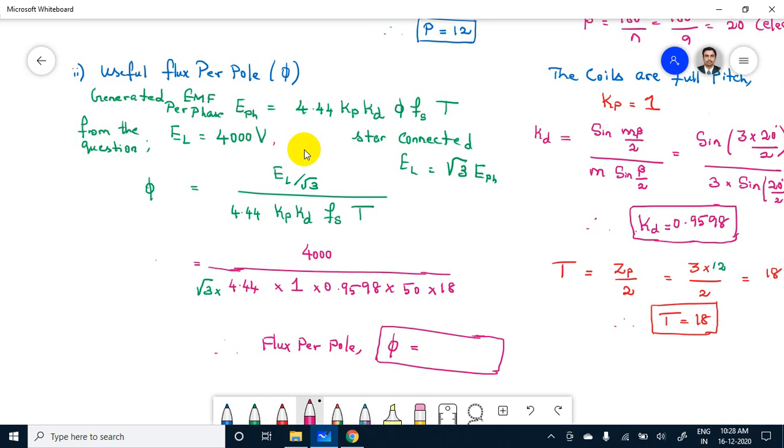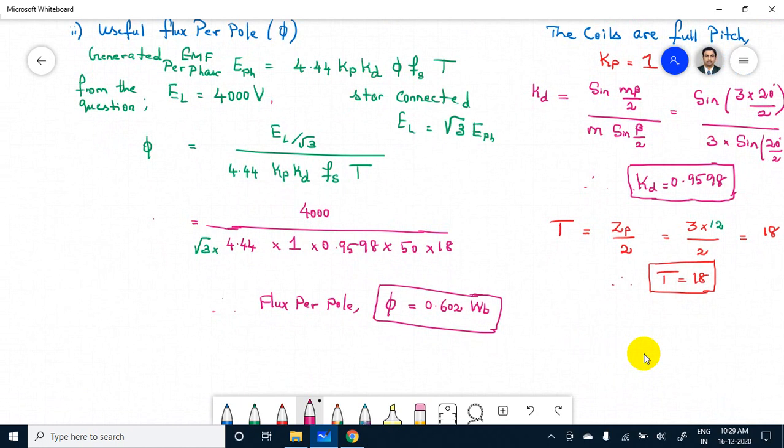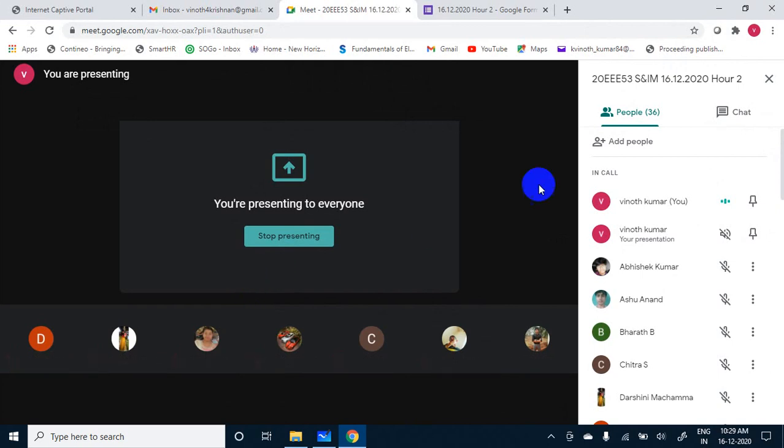Please give me the answer. Phi equal to 0.602 Weber. The unit for flux is Weber.